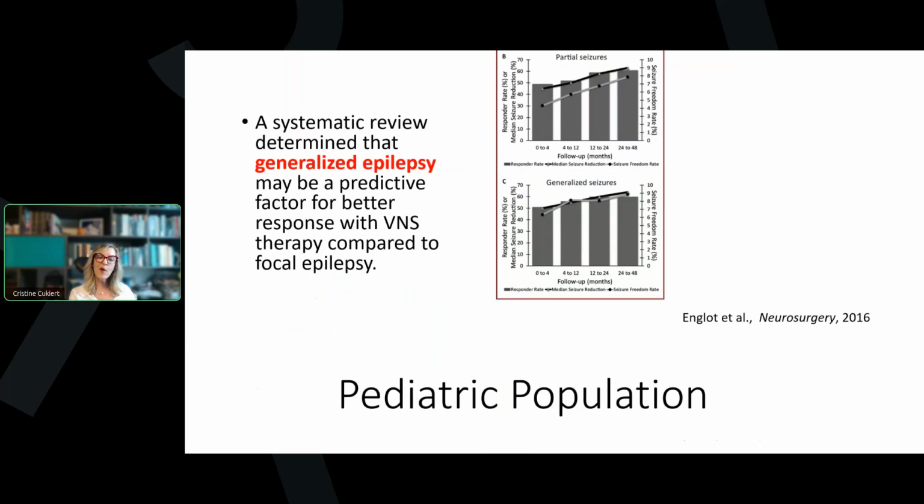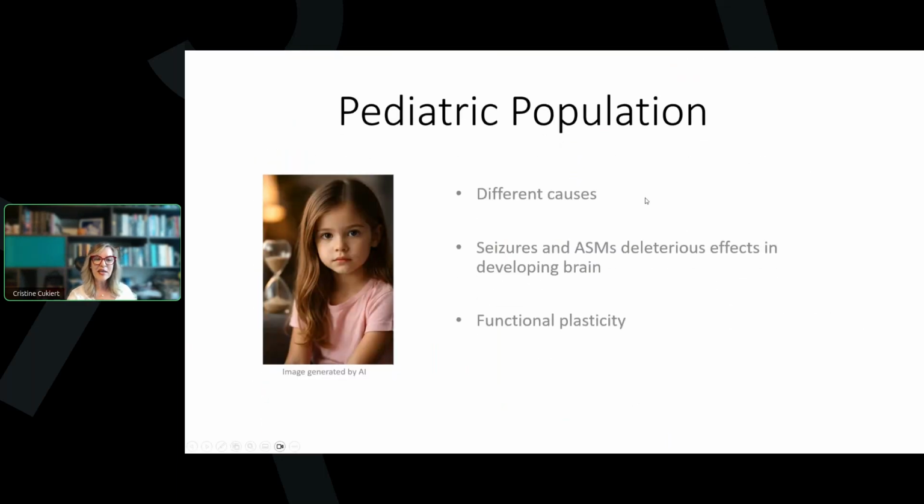And this is an AI image, but I think it is very emblematic, because here we see a kid, and here we see the clock. We have to think about this kind of population because they have different causes. They have seizures and anti-seizure medications that have deleterious effects on the developing brain, and they have functional plasticity.